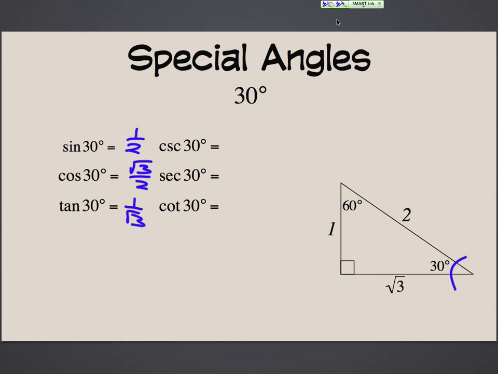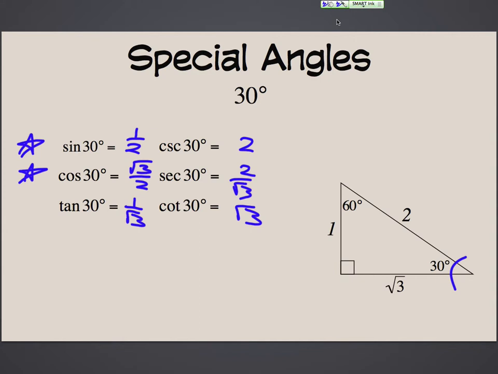And then how do I get the other 3? Reciprocals: 2 over radical 3, 2, and radical 3. So how many things do I need to have memorized to be able to produce those 6? 2. I need to know what sine of 30 is, and I need to know what cosine of 30 is. If I know those 2, I can produce the other 4.